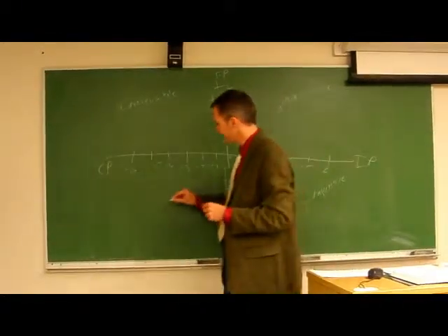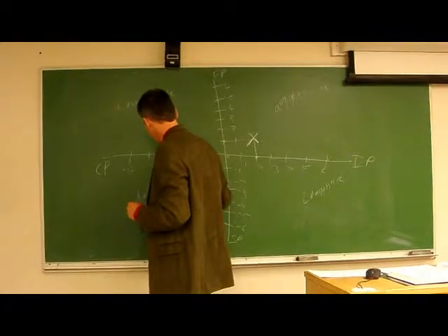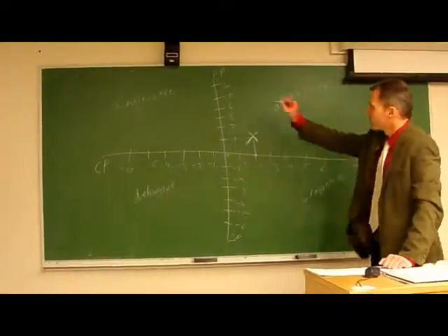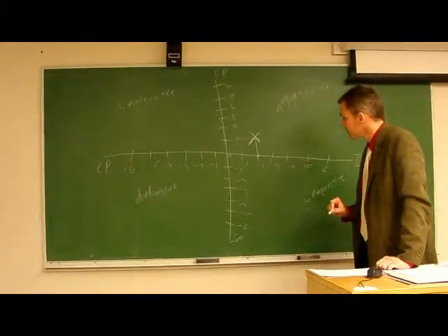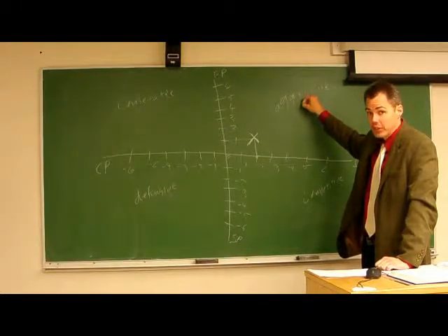And here you have defensive. So what does all this mean? It means whichever quadrant you land in, that's the type of strategy you should choose. So if we landed in this quadrant, we should choose an aggressive strategy.